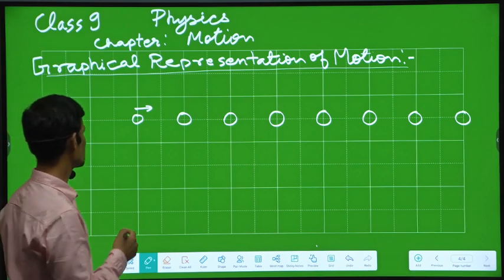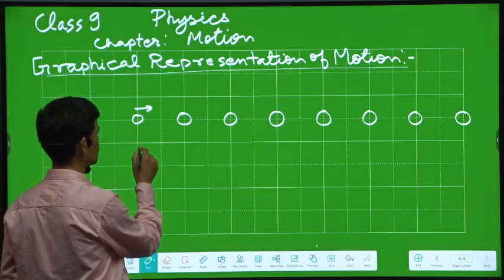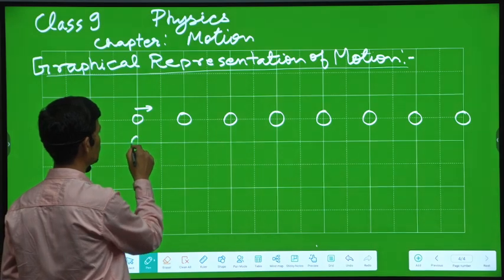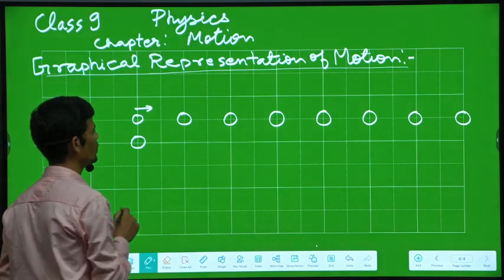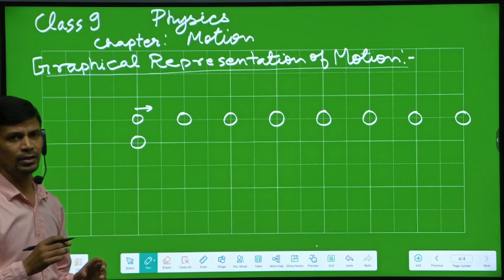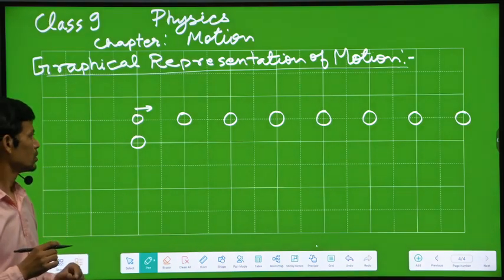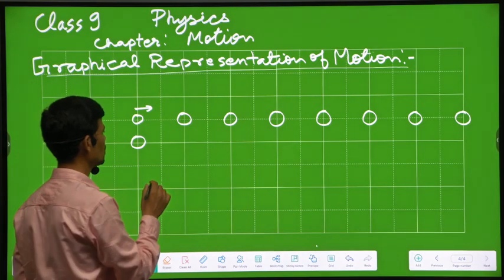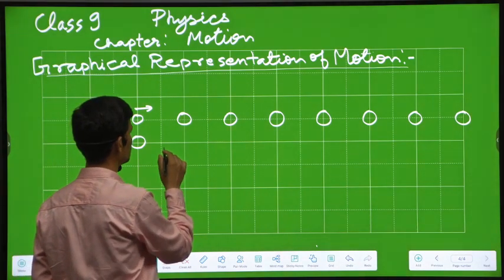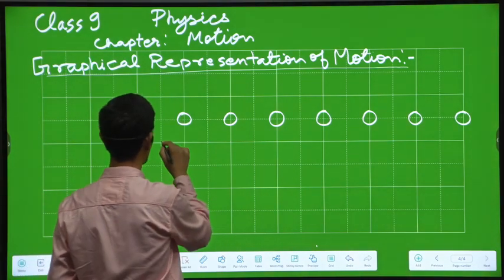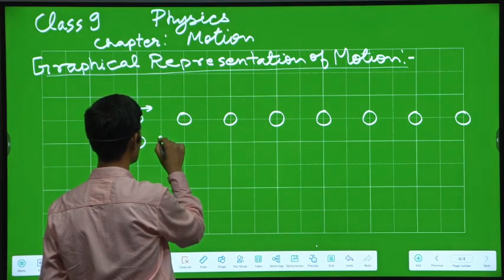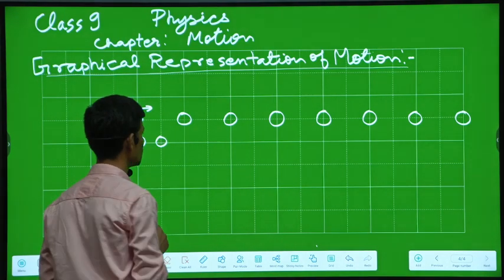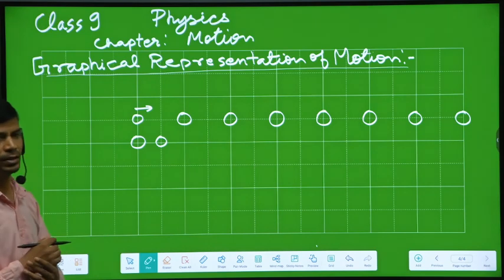This time, let us suppose the object is the same. First, we have taken its photo here. Then its next picture after 1 second was showing it there.